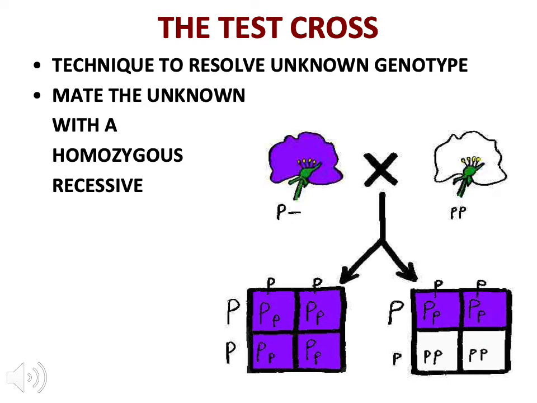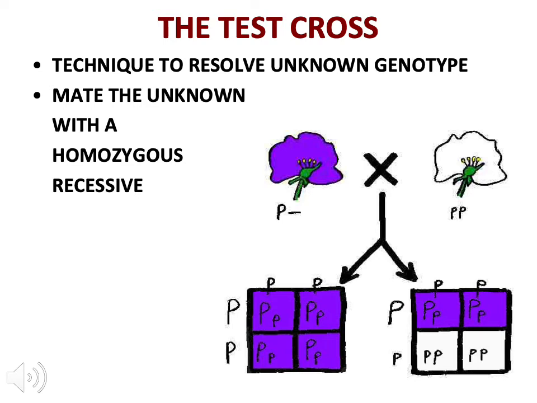On the other hand, if that purple flowered plant is big P little p, and I put those alleles on the left, and the white flowered plant contributes little p at the top, I see at that point 2 of my squares in the Punnett square are purple and the others are white, which means if I breed this unknown purple flowered plant with a white flowered plant, if I come up with just one white offspring, that means that purple flowered plant is big P little p.